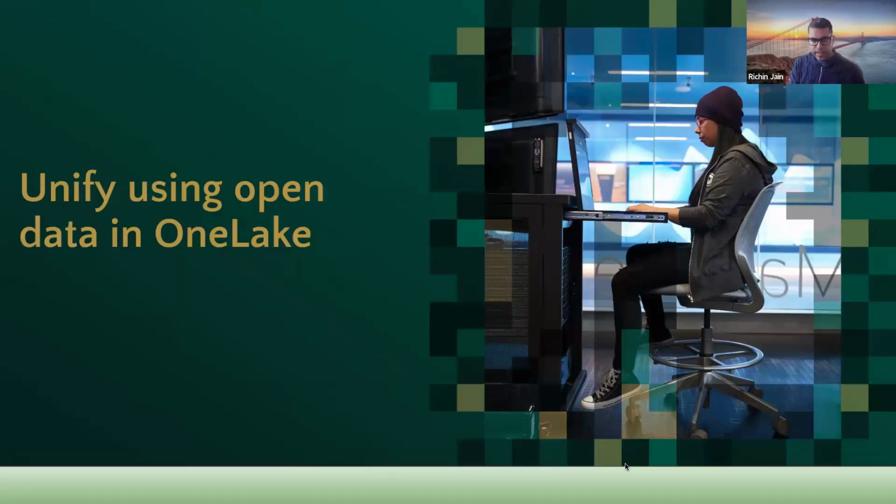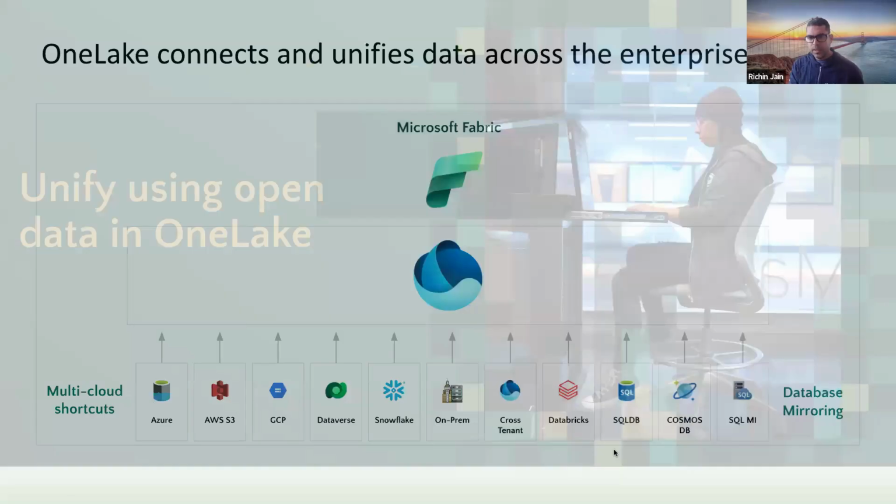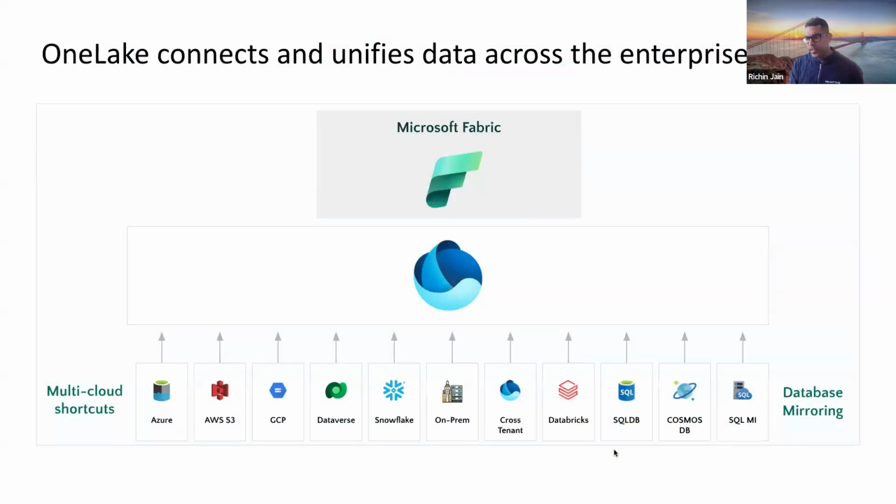Okay, so let's actually dive a little bit deeper into the OneLake, which is the underpinning of the Fabric platform. As I mentioned, OneLake allows you to unify your data estate. We understand that our customers already have their data commitments in different places. So we want to make it easy and seamless for them to bring their data into the platform through various ways.